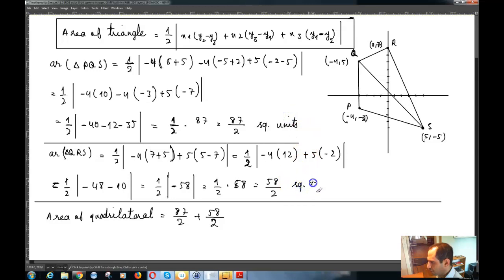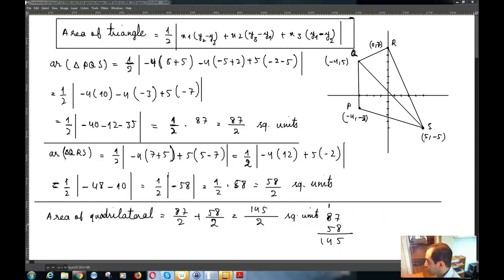So 87 plus 58 is equal to 145. That's 145 halves square units.